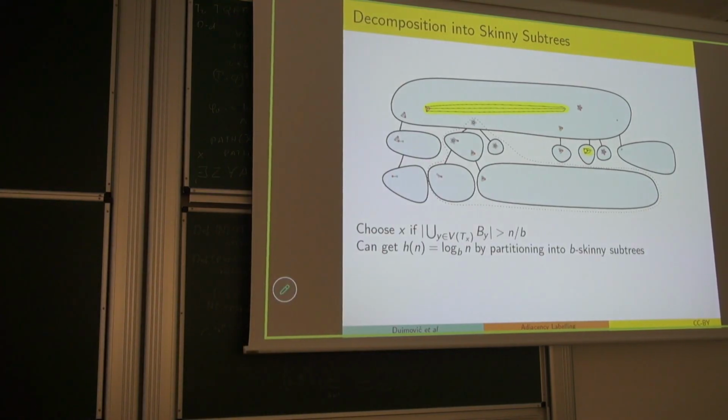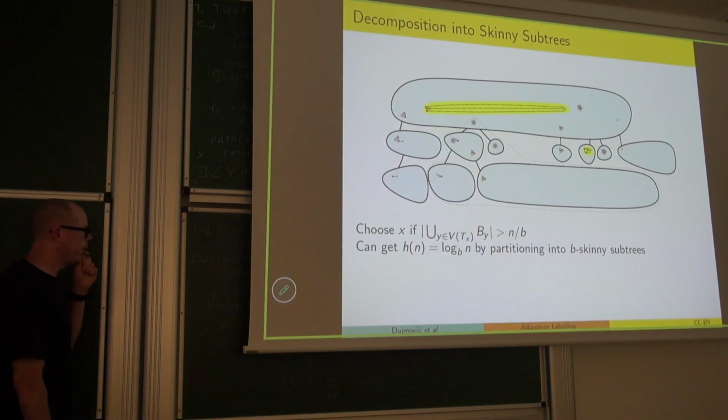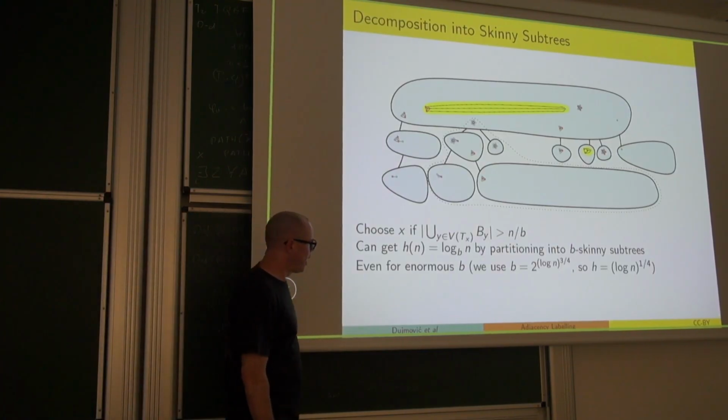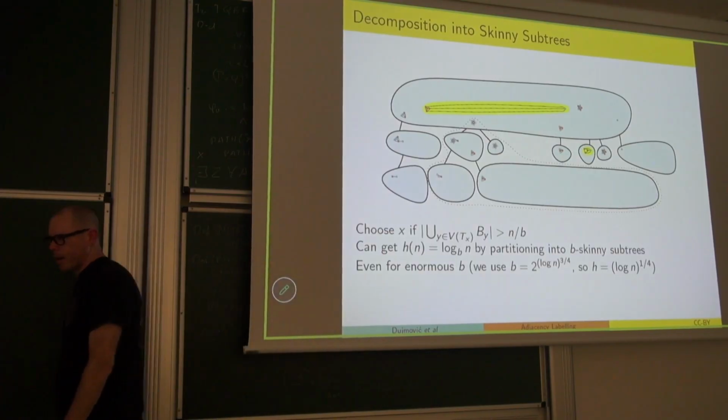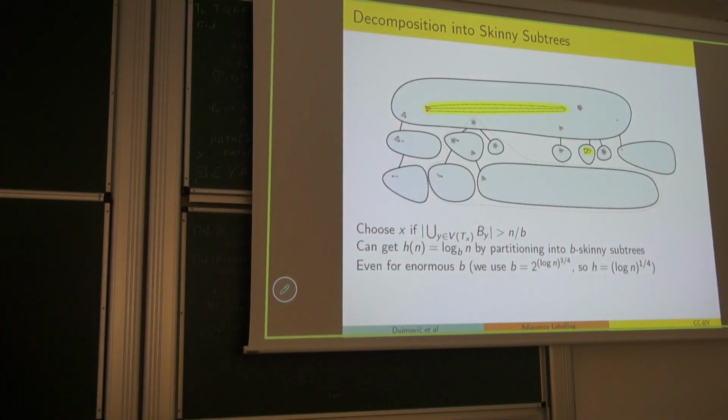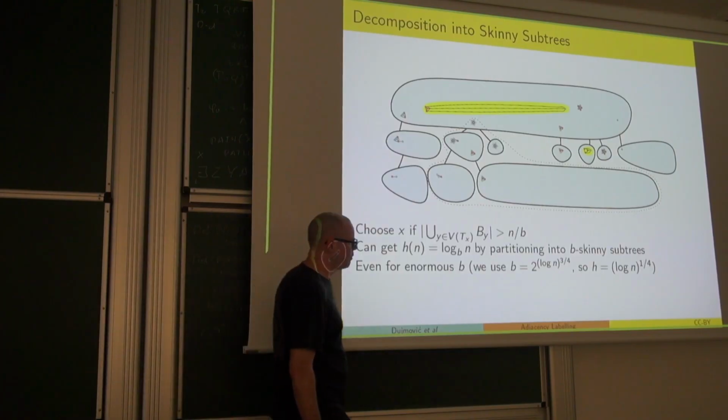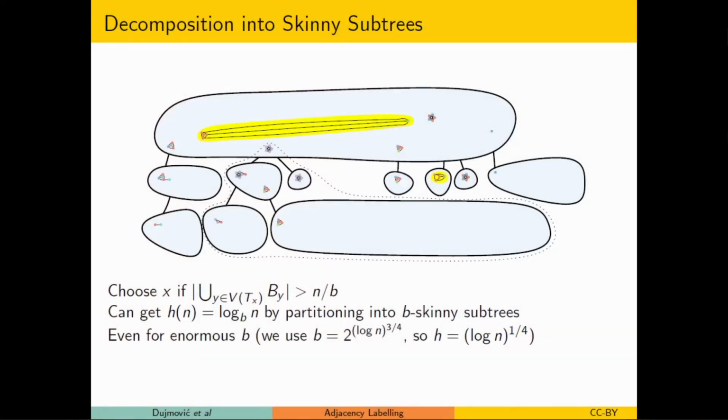Good. And we end up having to do this for an enormous value of b. So b is not like 2 or 4 or 6. It's something like 2 to the (log n)^(3/4), but that's a little o of log n. And when you do that, you look at what does this turn into.